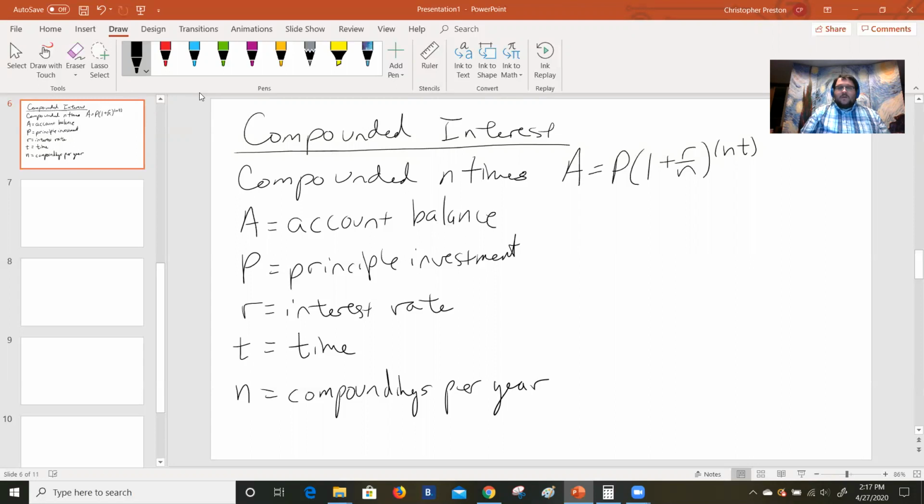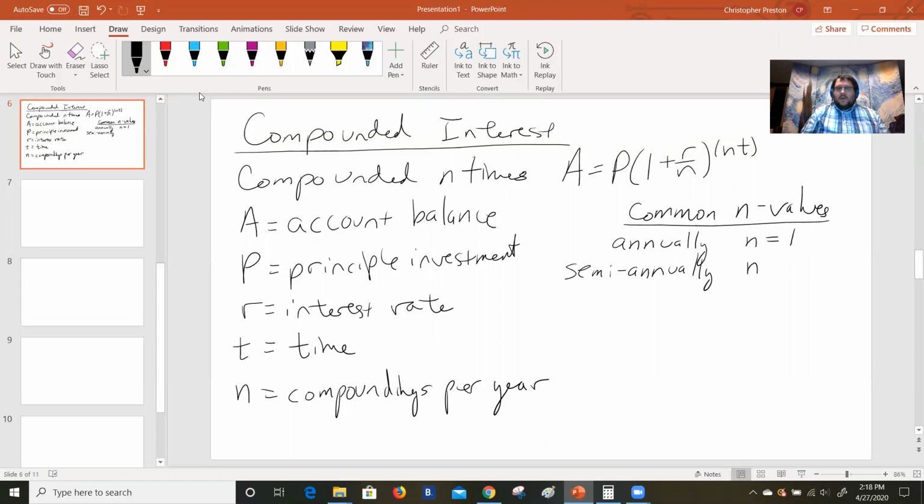Now, some common phrases for n here and what their value is. If something says annually, n equals 1. Semi-annually, n equals 2.